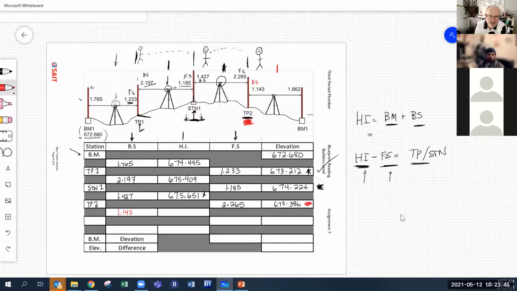And now I can determine my height of instrument by taking a benchmark and adding my back sight. We have a benchmark, 673.386, and add my back sight to that. And that comes out to 674.529.